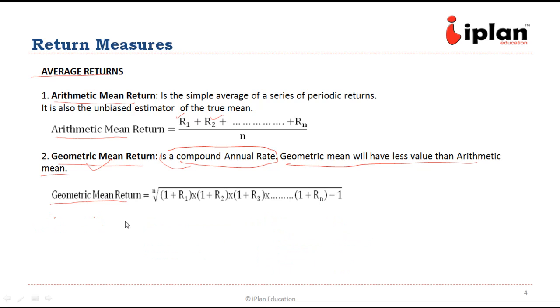Let me take an example. Say for the first year, the return was 4.5%. For the second year, the return was say 2%. This is first year, this is second year. If you want to calculate the average return annually, the first method is arithmetic mean return, which would be 4.5% plus 2% divided by 2, which will come out to 3.25%.